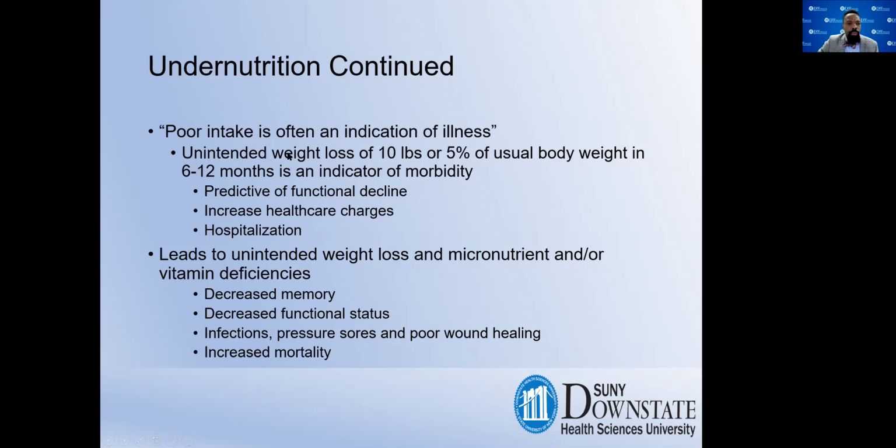So poor intake is often an indication of an underlying disease, and unintended weight loss of as much as 5% of your usual body weight in 6 to 12 months, or 10% of the usual body weight in 6 to 12 months, that's an indication of an underlying medical problem, okay? Not only is it an indication of underlying medical problem, but it's a predictor of functional decline.